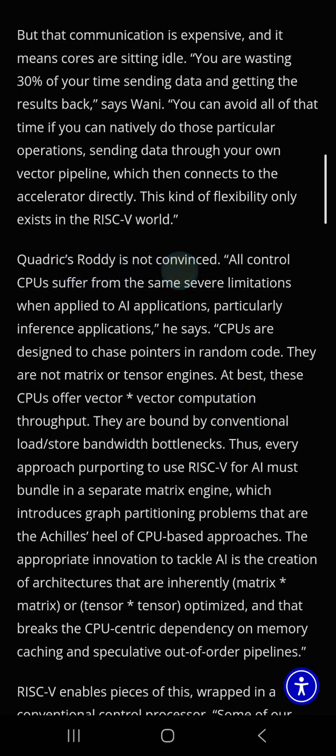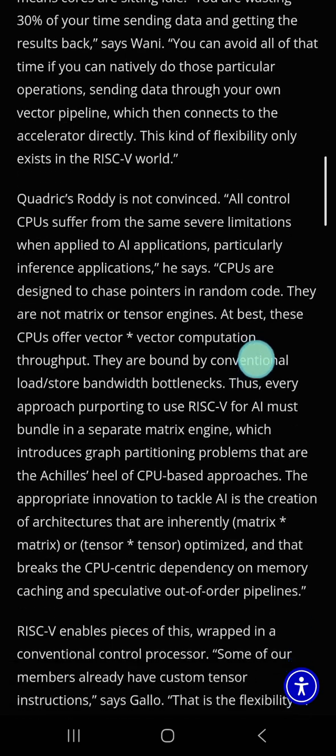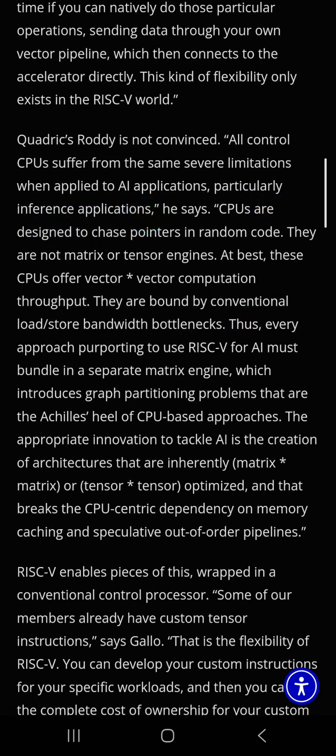Quadric's Lottie is not convinced, saying control CPUs suffer from the same severe limitations when applied to AI applications, particularly inference applications. He said, "CPUs are designed to chase pointers in random code. They are not matrix or tensor engines. At best, these CPUs offer vector multiply, vector computation throughput.